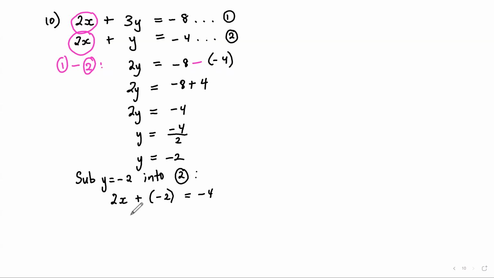Well, this would end up really being 2x take away 2 because plus and minus will change to a minus. 2x minus 2 is -4. That would mean that 2x is equal to -4 plus 2, which gives me 2x being equal to -2, and then x is equal to -2 divided by 2, which gives me -1.